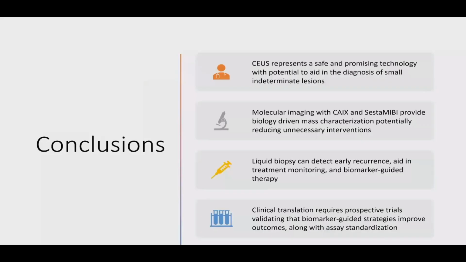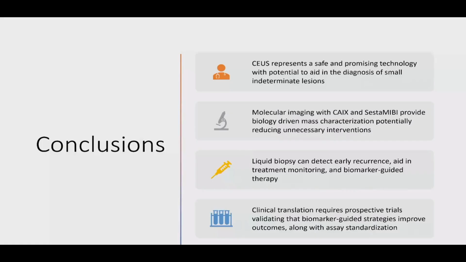So to conclude, CEUS represents a safe and promising technology with the potential to help in the diagnosis of small indeterminate renal masses. Molecular imaging with CA9 and Systemab provides biology-driven mass characterization, potentially reducing unnecessary interventions, which is one of the challenges we have right now.